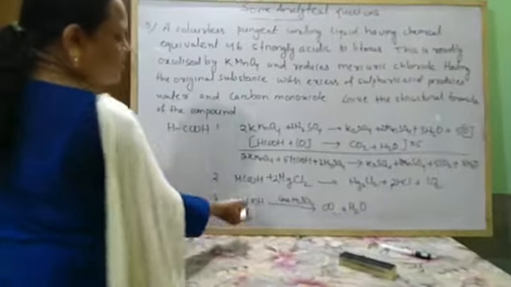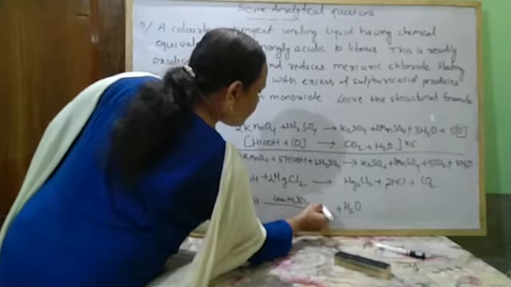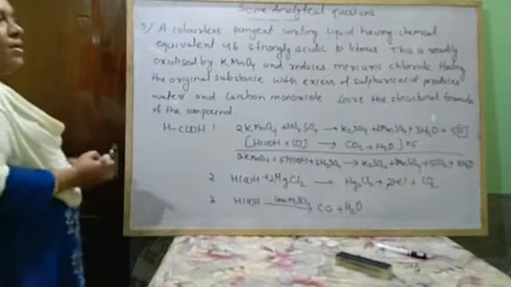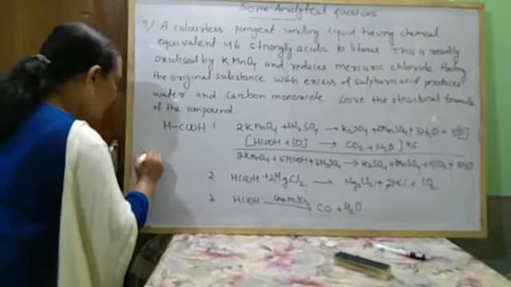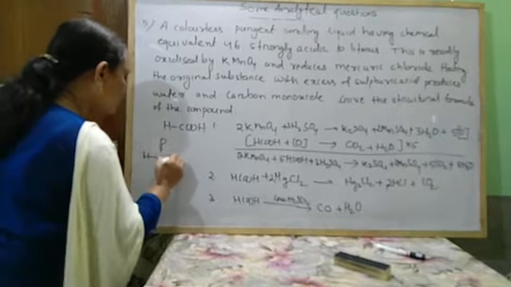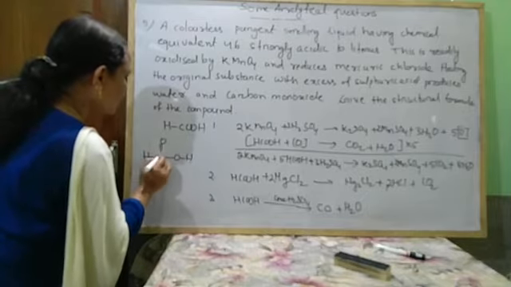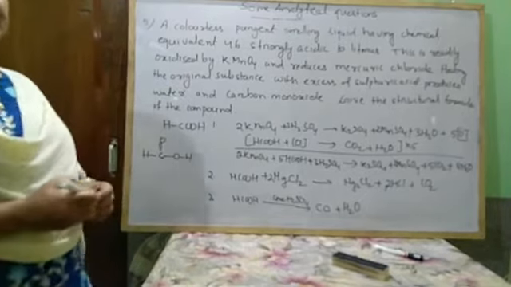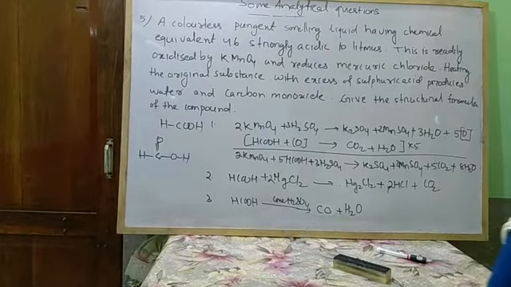Removal of water takes place, giving carbon monoxide and water. Okay, so what is the structural formula? This is the structural formula of formic acid. So the acid is formic acid and this is its structural formula.